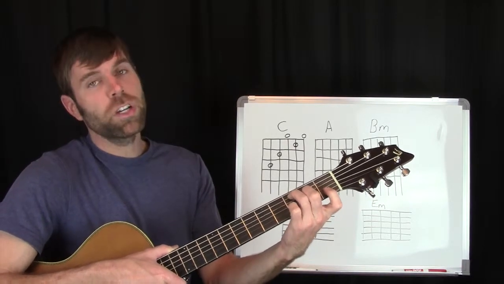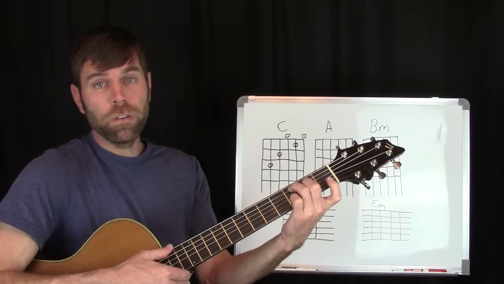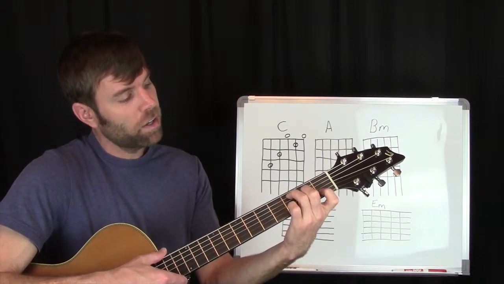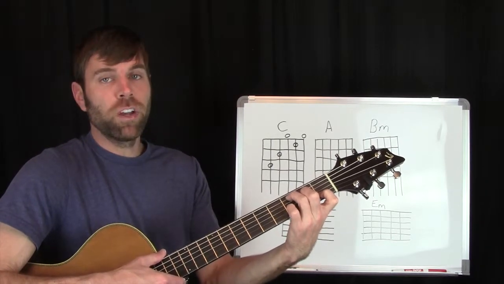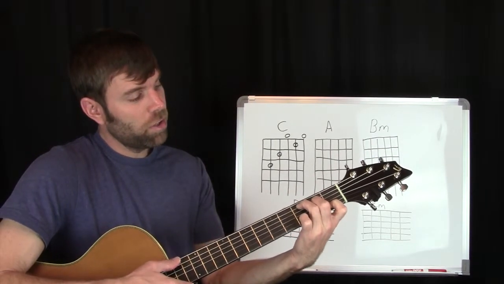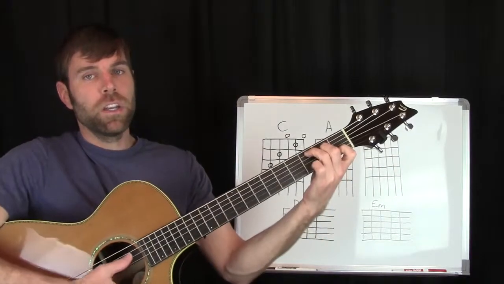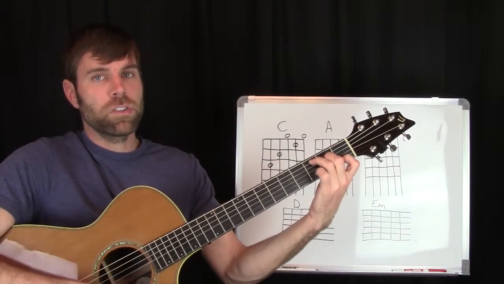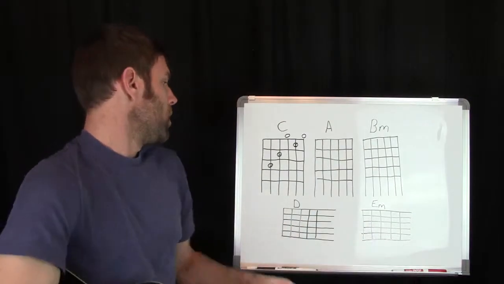The 3rd string is going to be open. And then on the 2nd string, I have my 1st fret with my 1st finger. And then the 1st string is going to be open. Okay, and there's our C chord. So that's how we read that.